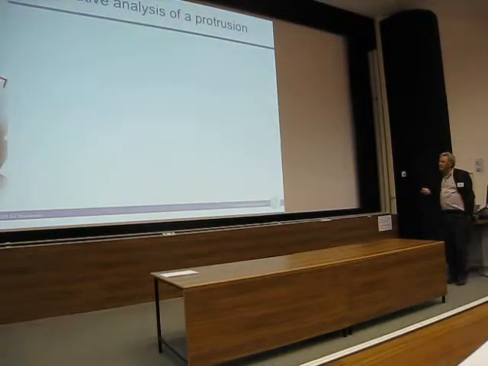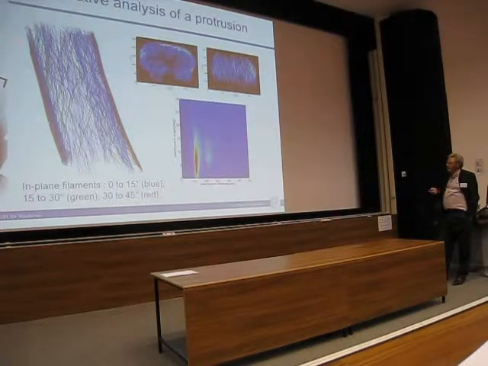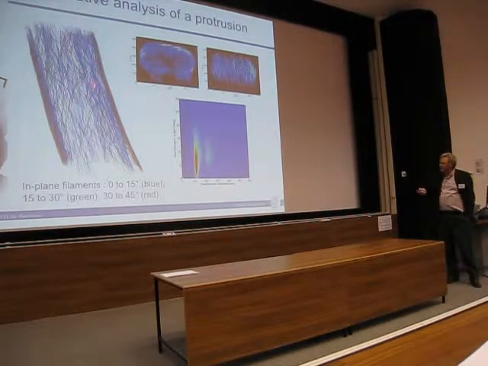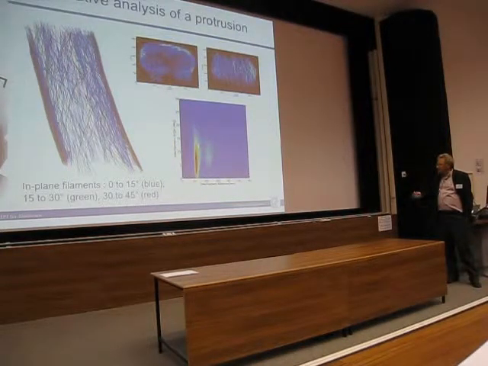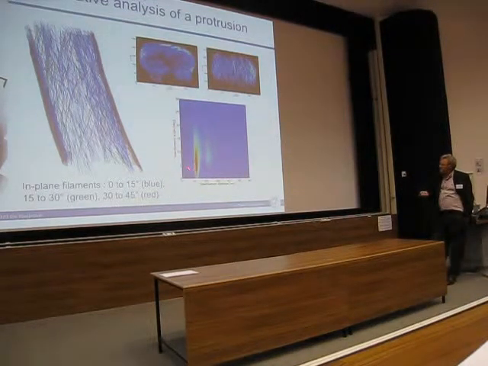If we go into such a protrusion to a different field, this is now the trace of the individual actin filaments. For each filament, we can compare its position with respect to its neighbors. As you do that, you see that most of the actin filaments have a relatively well-defined spacing of 12 nanometers. If you take into account the thickness of the actin, it means the space between two actin filaments is something like 5 nanometers.